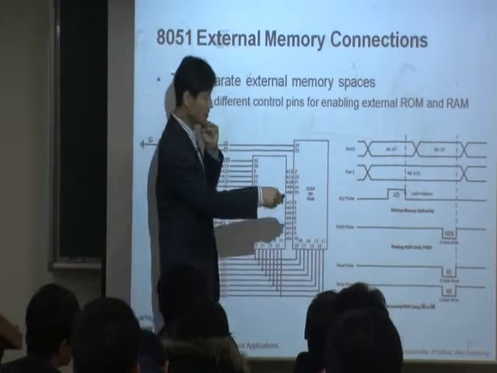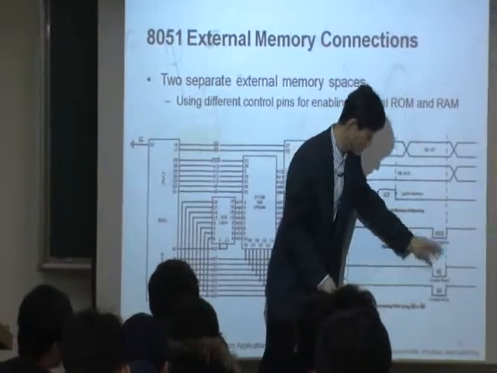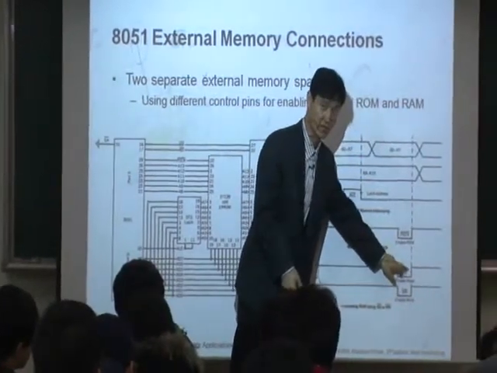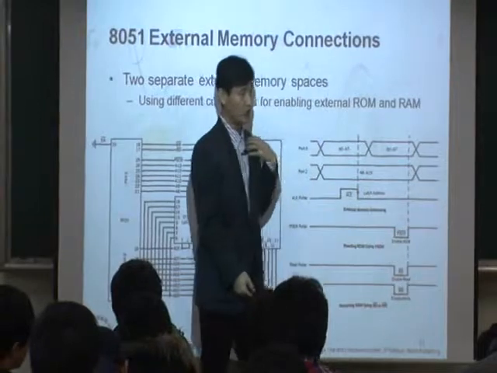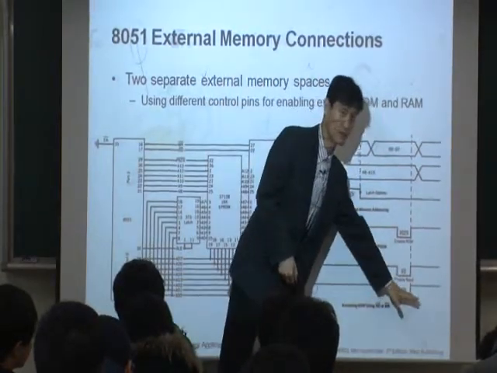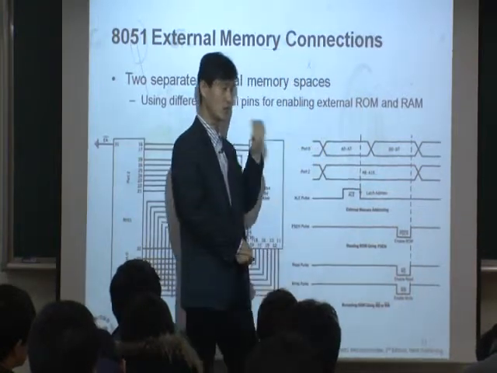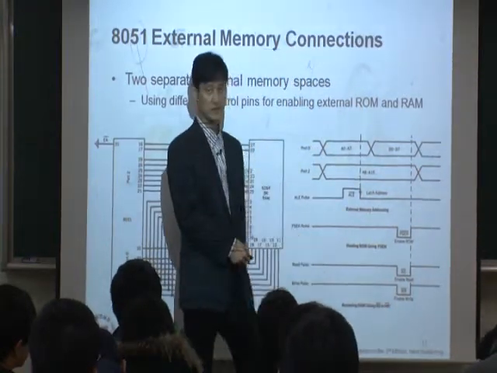That's the signal: I want to read some value, then you lower this signal. Or I want to write some value, then at that point you make it low. Whenever you want to read or write, you make it low.